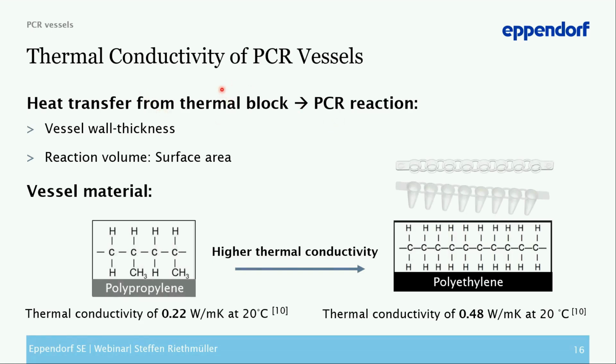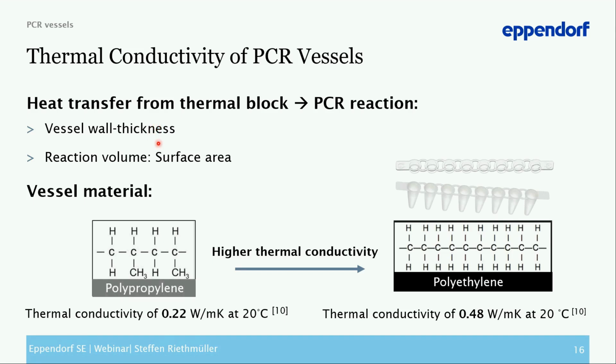And this depends on the vessel wall thickness and on the reaction volume. So normally in a fast PCR protocol, you're using 5 to 10 microliters, so rather small volumes, because this is beneficial. And most of the fast PCR consumables have thinner walls, because then the thermal conductivity is improved.